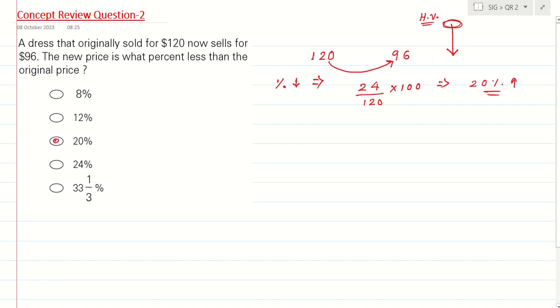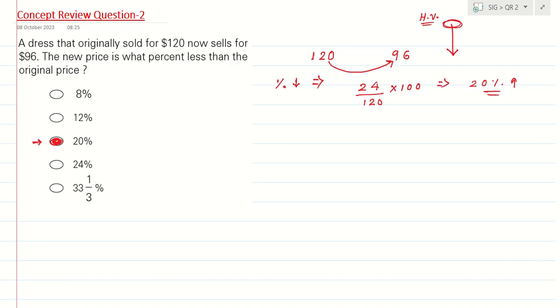What is the option number? Option number C. Now, remember, I always tell in the class while taking the sessions for GRE, even for the GMAT, even for SAT, there is one clue that you must understand in the GRE and GMAT question papers.